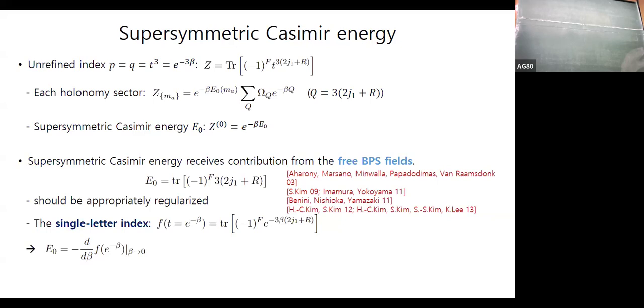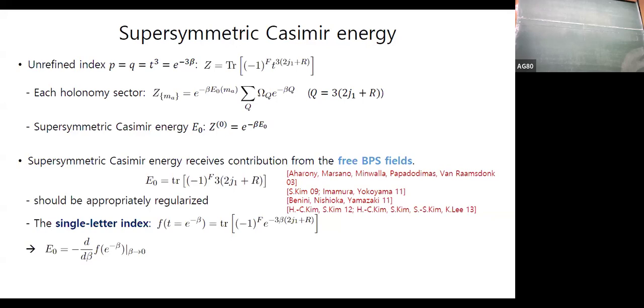And the regulator function we'll use today is nothing but the single letter index itself, because the single letter index is defined as the trace over this exponent for the free BPS single letters. And if you differentiate it with beta, you'll have this E0, right?